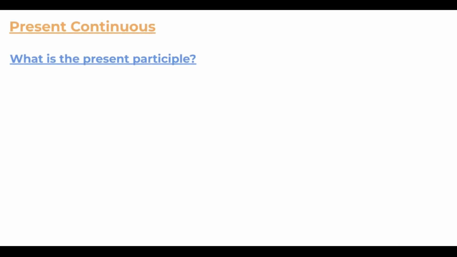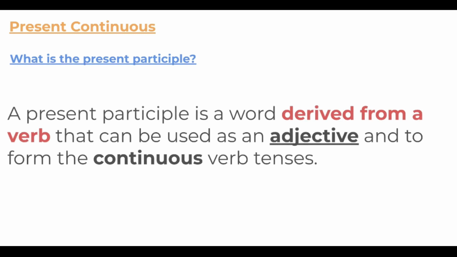So let's now just take a quick moment to focus on the present participle. And what exactly do we mean when we talk about the present participle? Well, it's a word that is derived from a verb, and it can be used as an adjective and to form the continuous verb tenses.